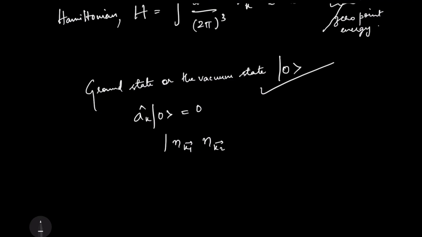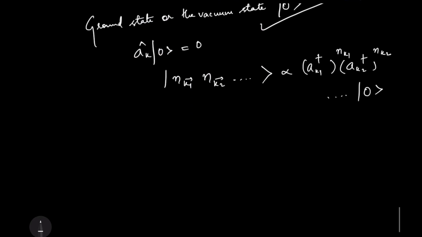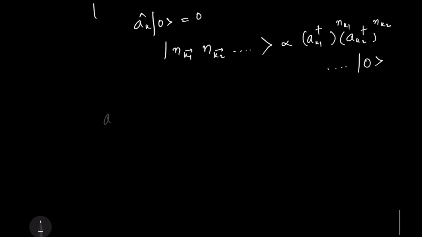For all other states, you will have something like this, which is proportional to a_k1 dagger, nk1 times, then a_k2 dagger, nk2 times, acting on the lowest state. Or simply, a_k dagger acting on the zeroth state or the vacuum state will give you the k-th state.